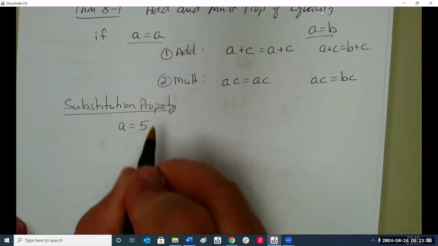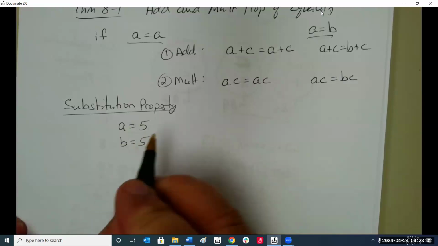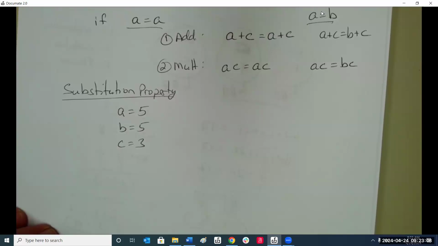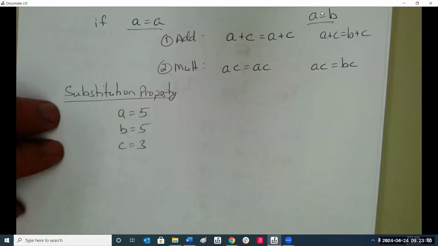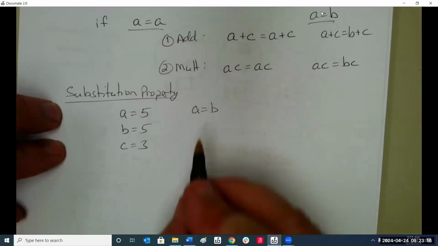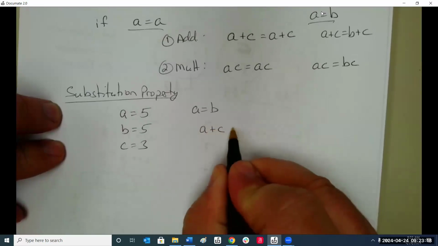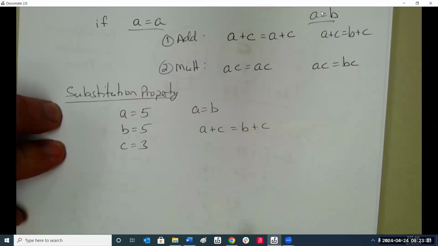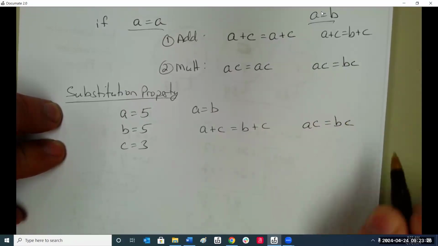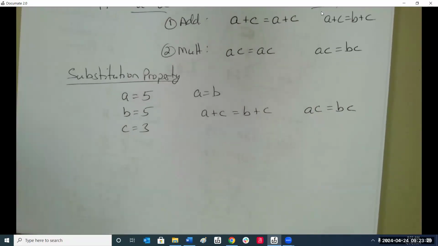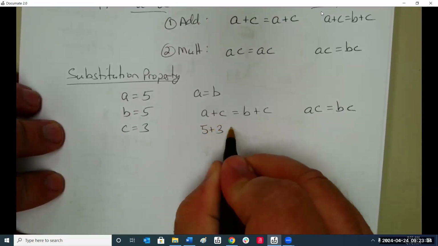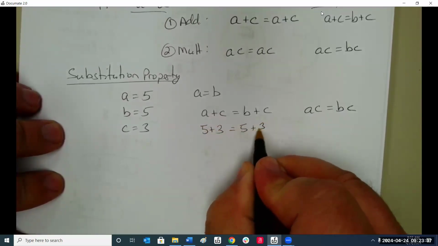If A equals 5 and B equals 5 and C equals 3, remember, A has to equal B. So A plus C is the same thing as B plus C. A times C is the same thing as B times C. Let's see if they're equal. 5 plus 3 equals 5 plus 3.